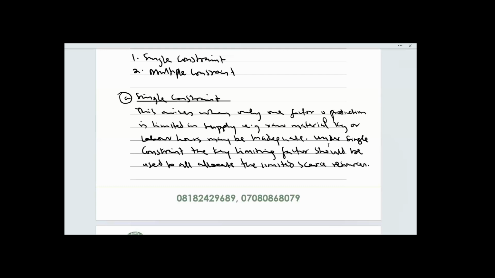Only one factor of production will be limited in supply. That is a single constraint. So when there are single constraints, the key limiting factor should be used to determine the optimal production mix that will maximize contribution.